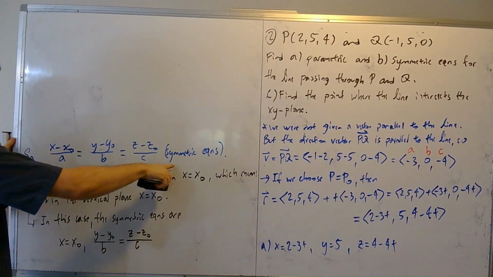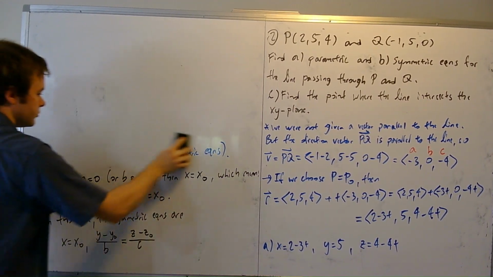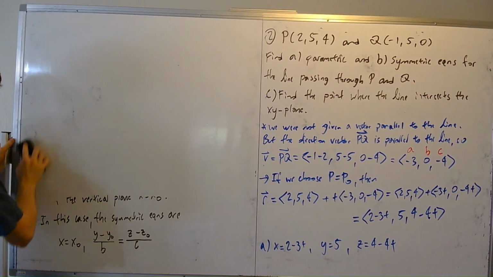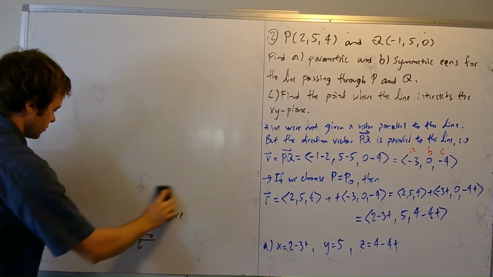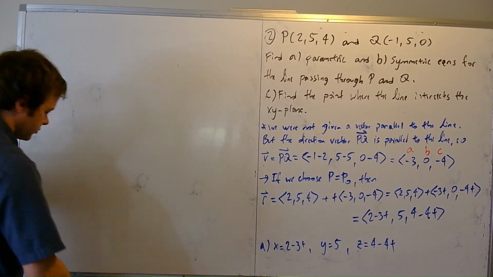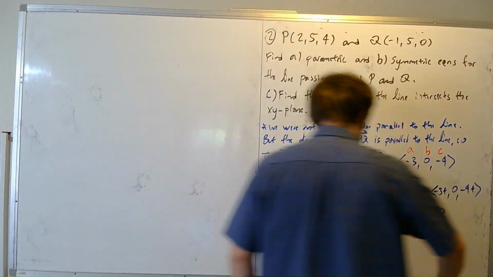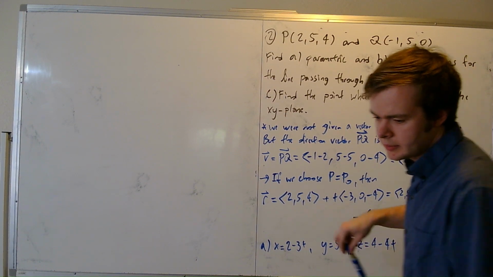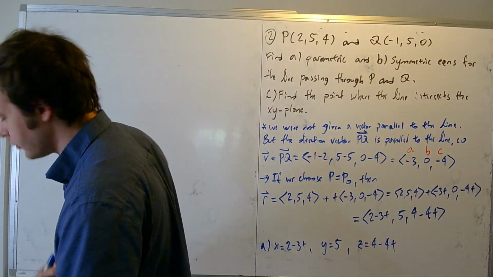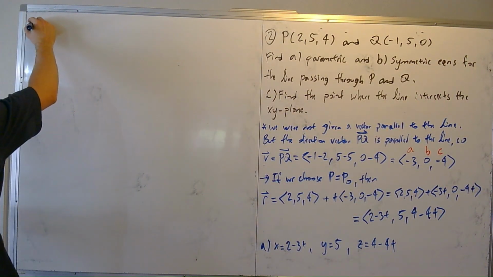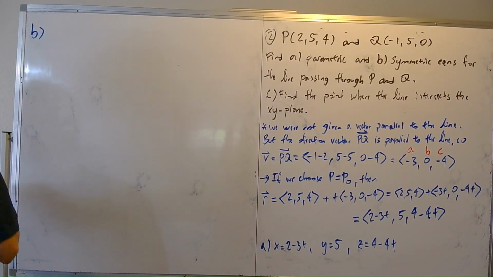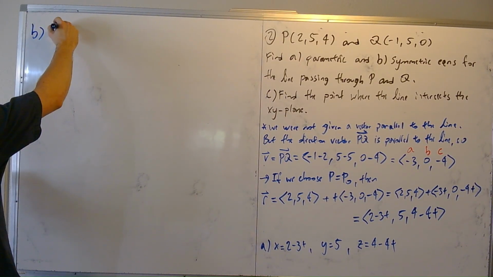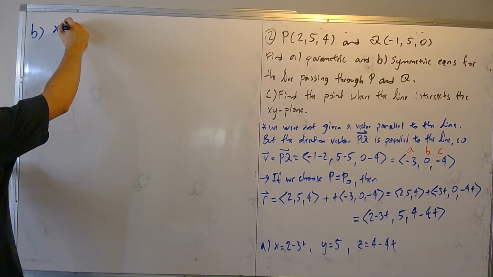Remember, these were our symmetric equations. Okay, so for part B, we'll write out our symmetric equations. You can check. I'd encourage you to do it, but you can check your answer.